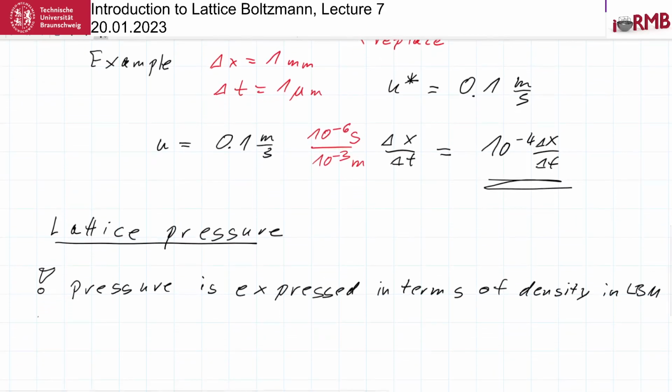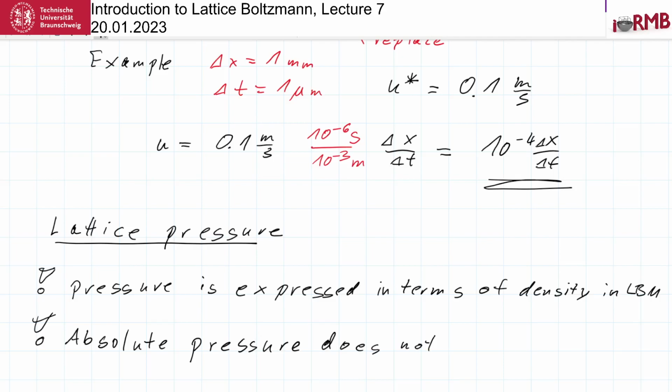And the other thing to know is that the absolute pressure, I mean, this is now from the continuum theory. When you look at the Navier-Stokes equation, the absolute pressure does not appear in the Navier-Stokes equation.